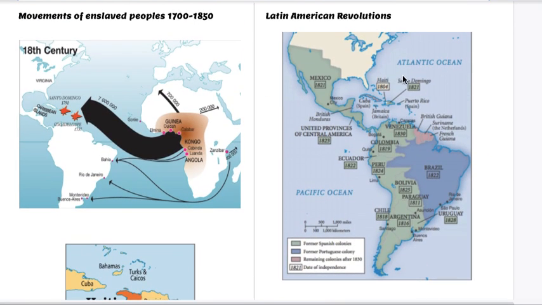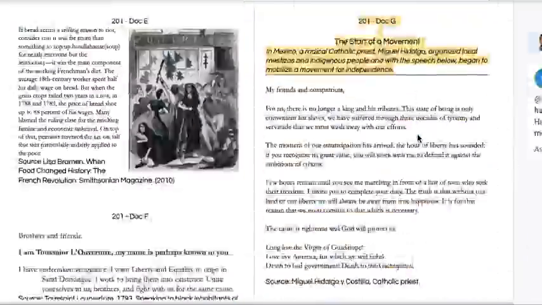Also, you might want to utilize this map right here, Latin American revolutions. You notice Haiti happened in 1804. Then you see Santo Domingo in 1821. You see the United Provinces of Central America, 1823, Mexico, 1821. So you can look at research and decide, what would the track record be? Where would I go first based on the order in which this happened in history? That's for the map option.